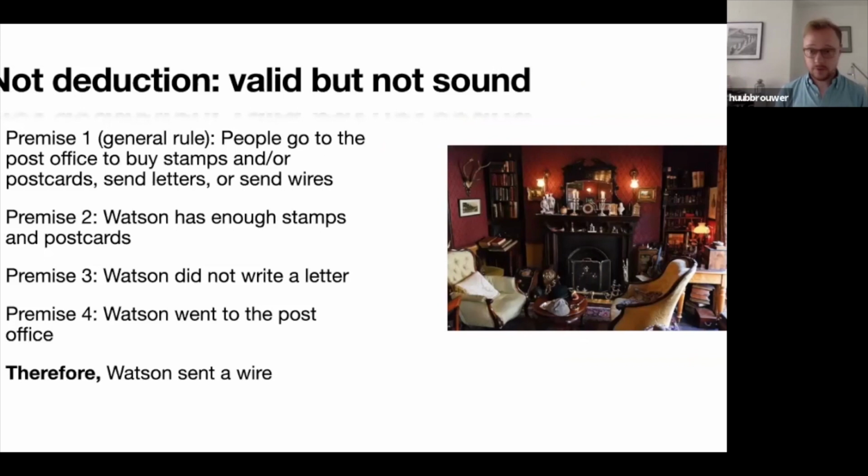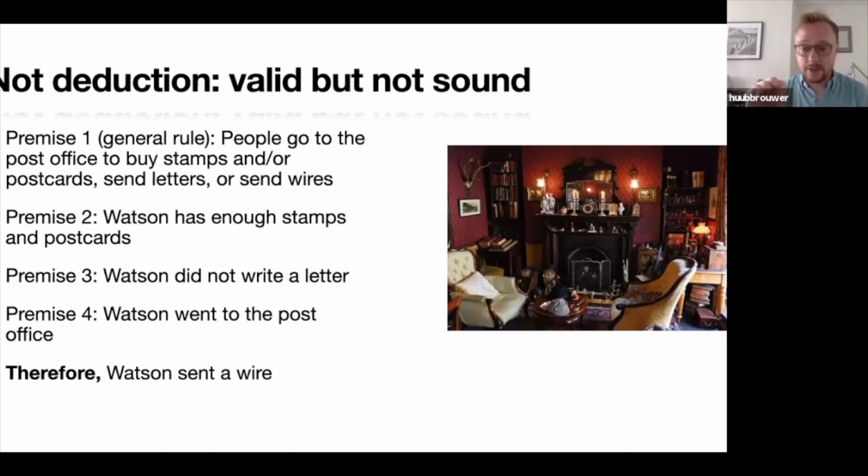So suppose that Holmes was actually using deduction rather than abduction. Then I think we should reconstruct his argument explaining why Watson went to send out a wire as follows.